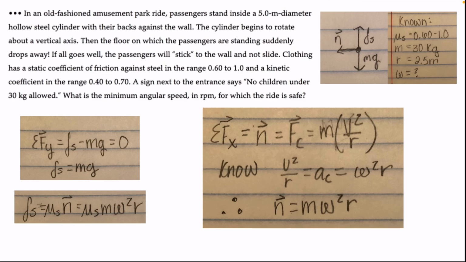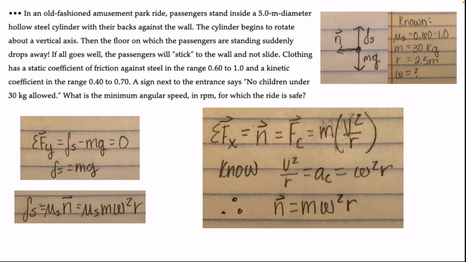So that gives us that the force of static friction equals mg, but that isn't quite enough to solve for that minimum angular speed, because we also need to account for the coefficient of static friction. The tricky part is figuring out whether we should use the biggest coefficient of static friction or the smaller one. In this case, it's going to have to be the smaller one because we want to make sure everyone's safe. So it's the 0.6 that's going to be the most necessary.